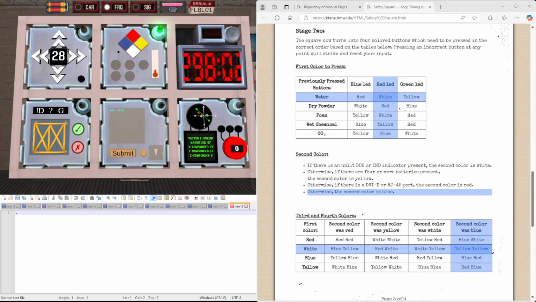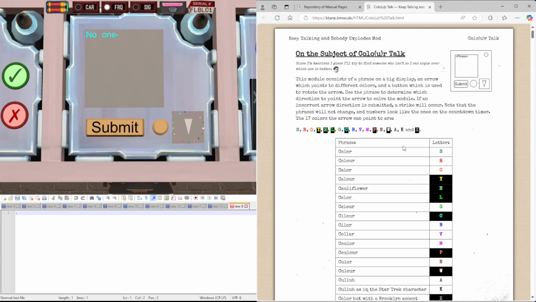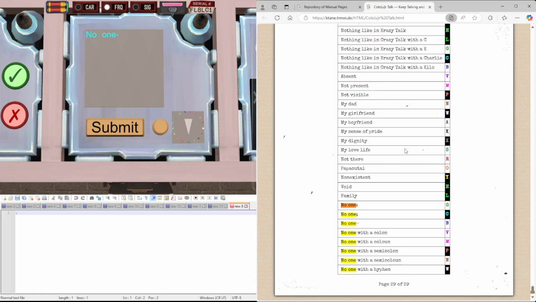Okay. This one's quite simple. O 1 dash B.